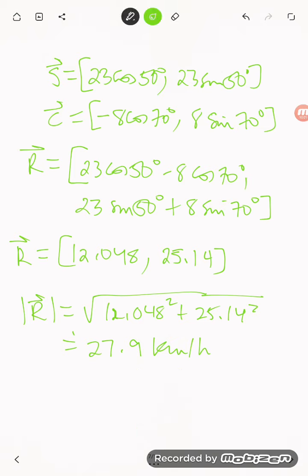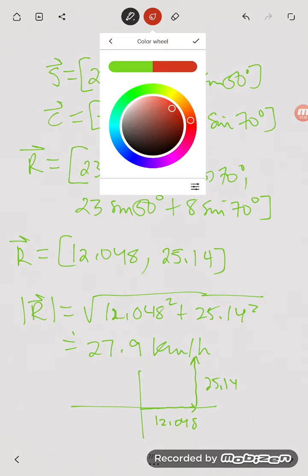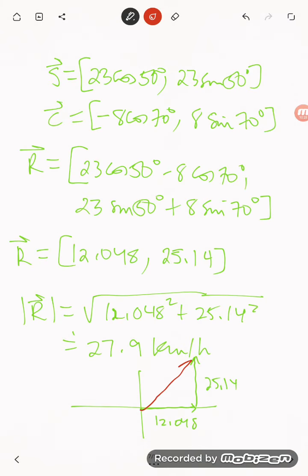All we have to do is draw this Cartesian vector on the grid. So 12.048 along the x-axis, 25.14 parallel to the y-axis, and then my resultant is simply the resultant of those two components. Okay, so all I'm doing is drawing this Cartesian vector as the horizontal and vertical components. And then of course I have a right angle there because they're horizontal and vertical.